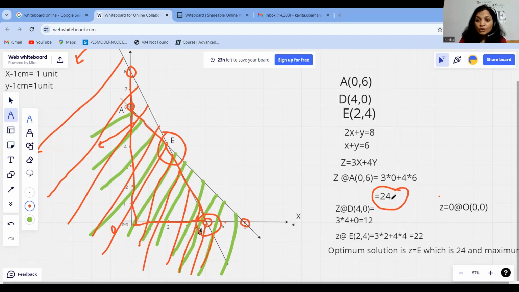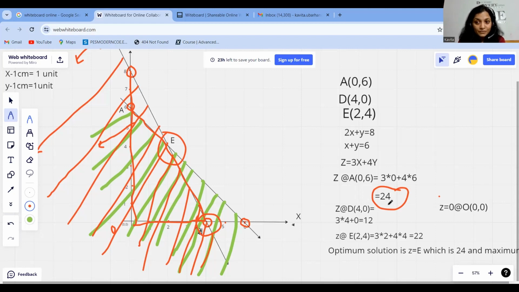It means 2x plus y is less than or equal to 8 always. You can cross check it. If x is equal to 0 and y is equal to 6, if we put these values in the first constraint, that is 2 multiplied by 0 plus 6, then that constraint is already going to follow.